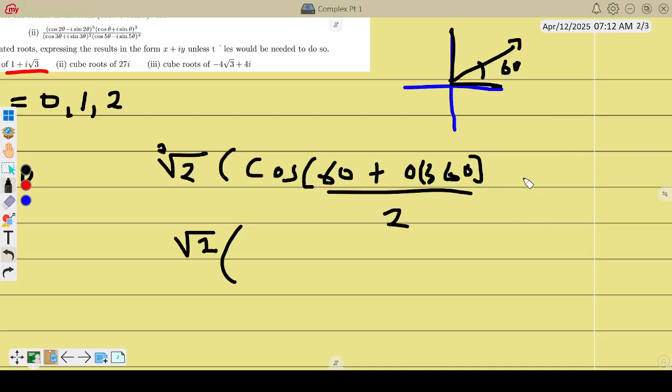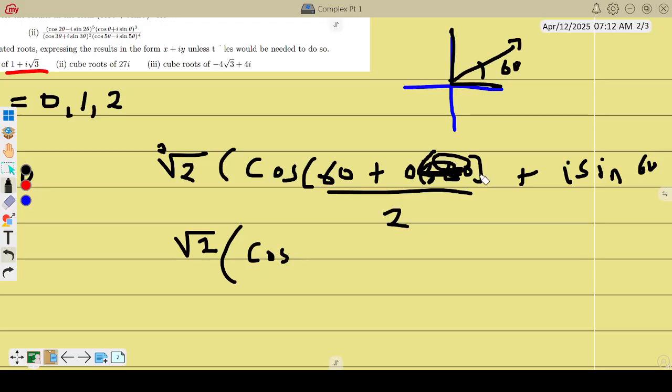So here, don't forget, we're also having i sine 60, and then k is 0. So whatever you have here, you also have on the other side. So this is cos 0 times 360, it is 0.